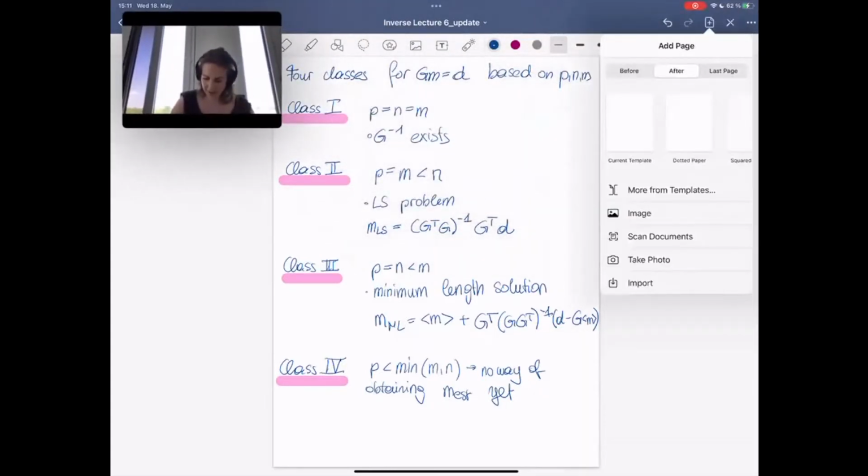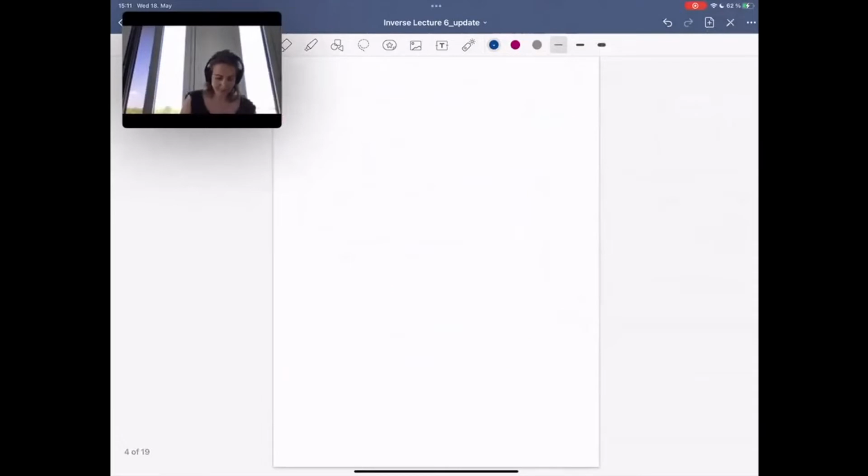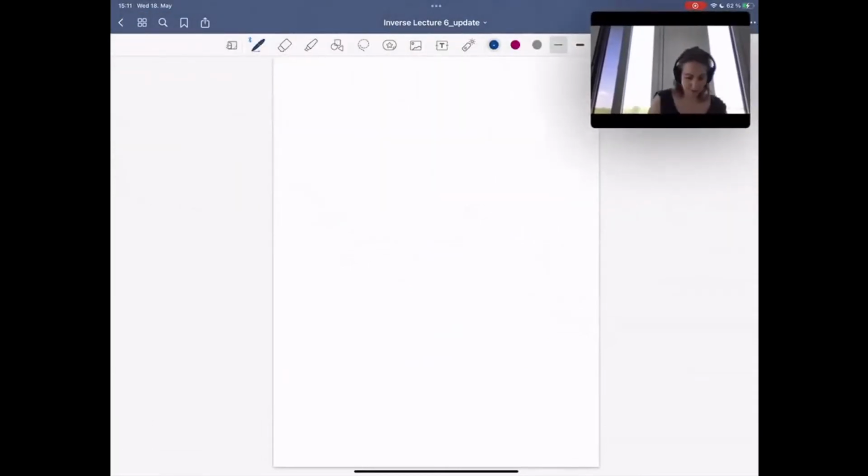Let's get another page. So our goal for today. We need an inverse operator with following attributes.